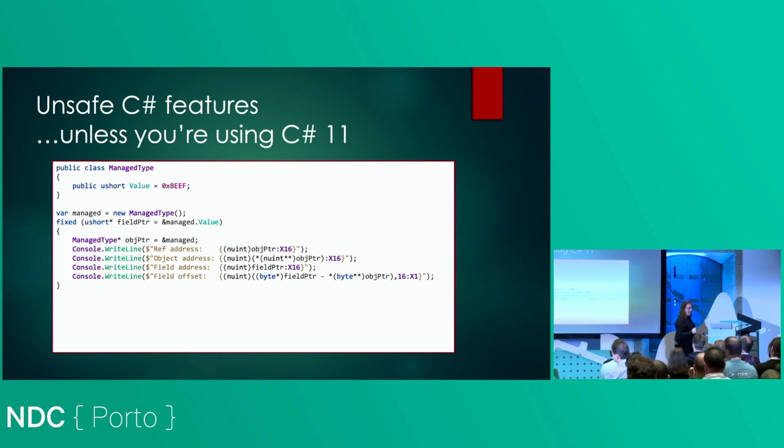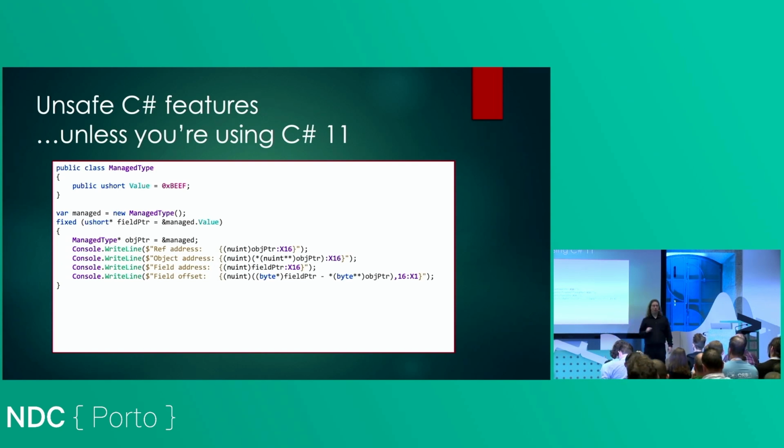Then I pin it, and I got some addresses here. I got the address of that one field. And then, because I can now, I'm getting the address of that reference. And you have to keep this in mind. References, conceptually, are opaque handles. Right? They allow you to access an object, but how, you don't really worry about.